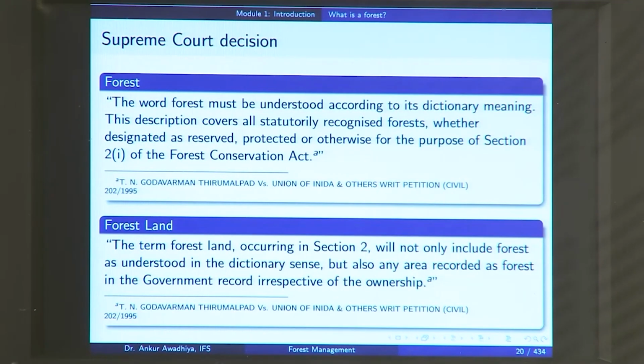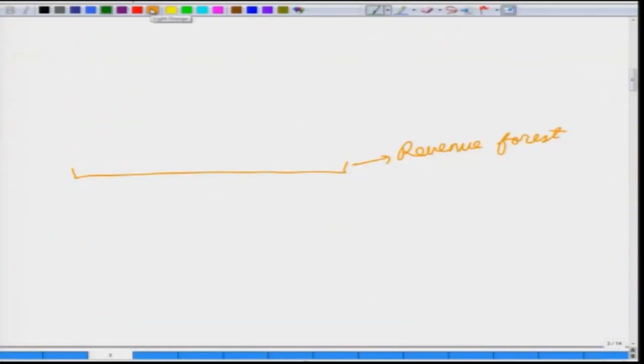So, what the Supreme Court is saying now is that if we come back to this piece of land, this land does not have any trees, but it is recorded as forest land.